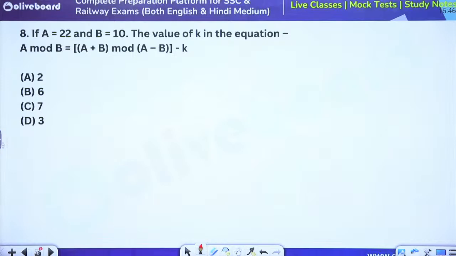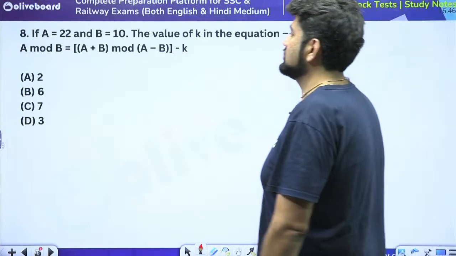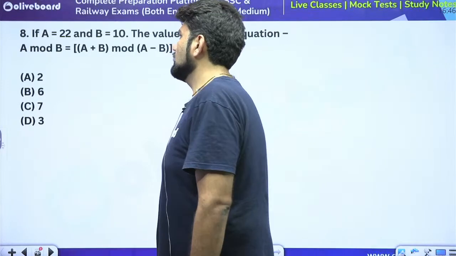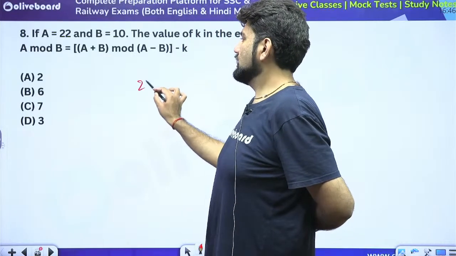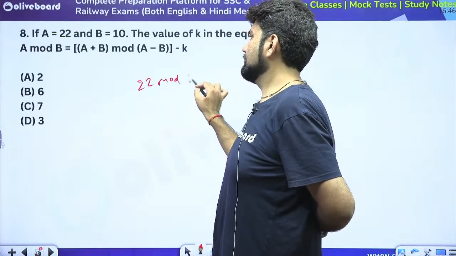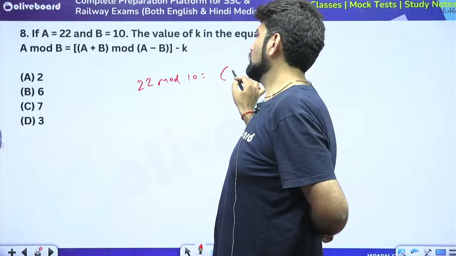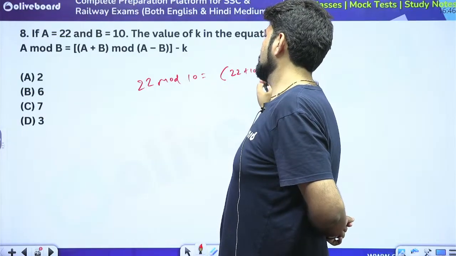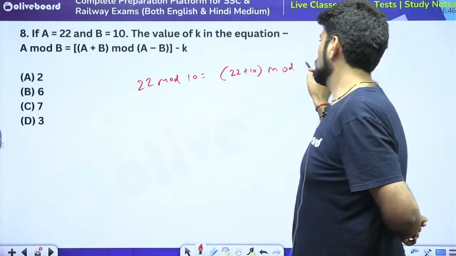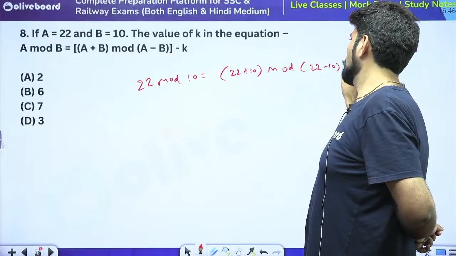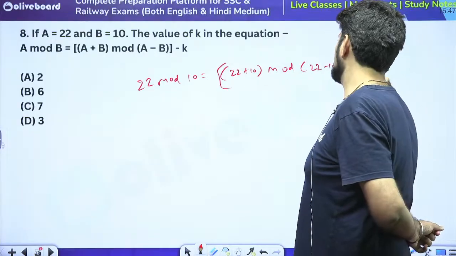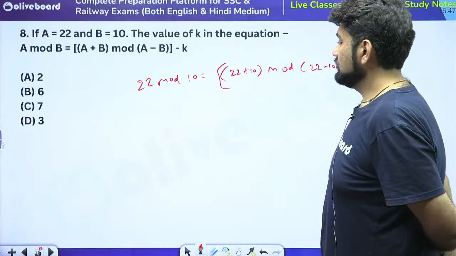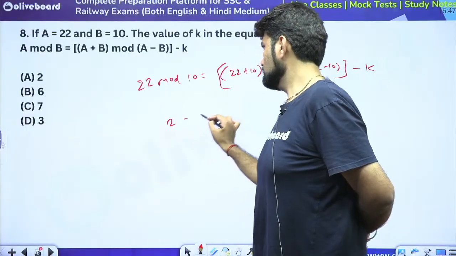If A is 22, B is 10, what is the value of k in the equation? So A is 22, just substitute. 22 mod 10 is equal to (22 plus 10) mod (22 minus 10) minus k. 22 mod 10 is 2.